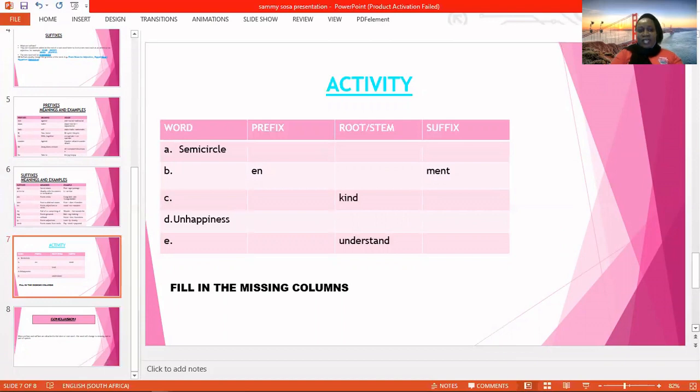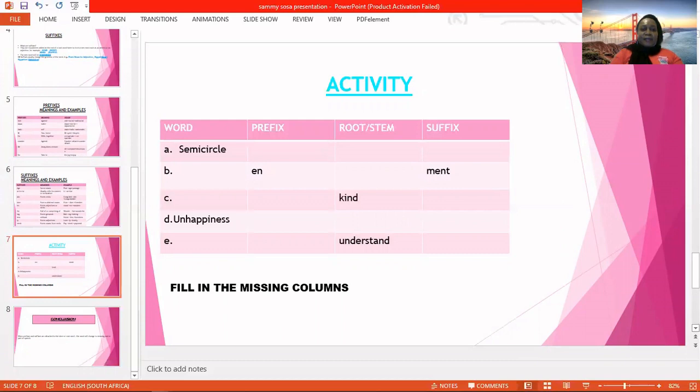I want you to take just a few seconds to look at C, D, and E and figure out what will be your prefix, what will be your root, and what will be your suffix. Right.